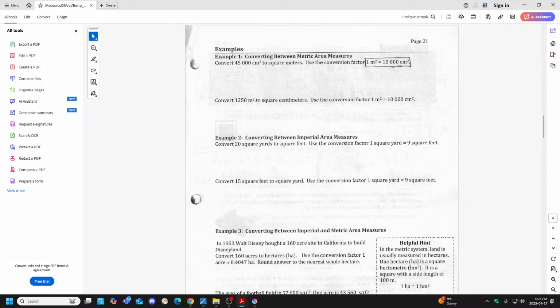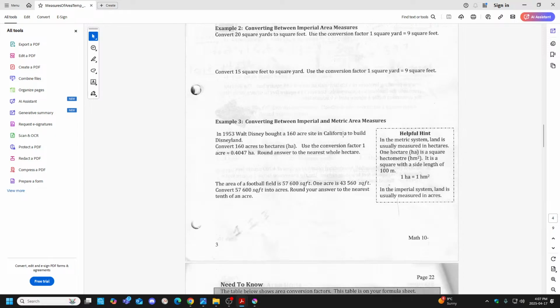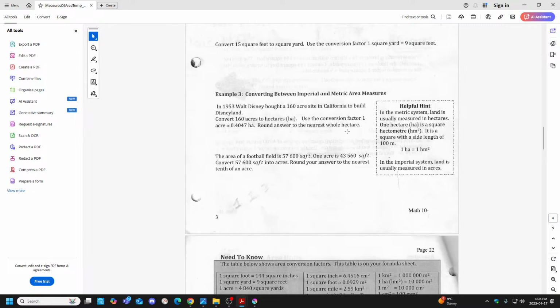Just the squared units. I'd rather use the singular units and do stuff. But either way, it all still kind of works the same. Okay, so here are some examples. They give you a conversion factor here.